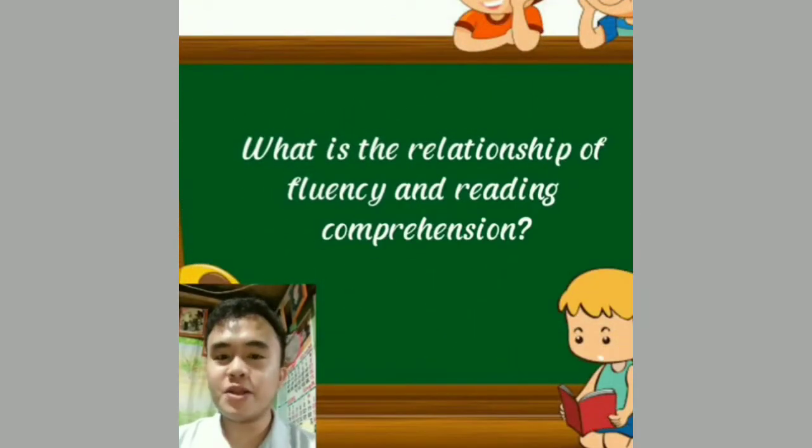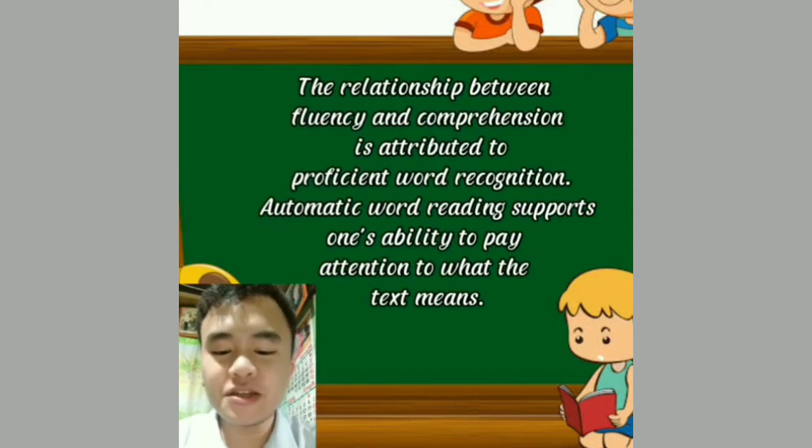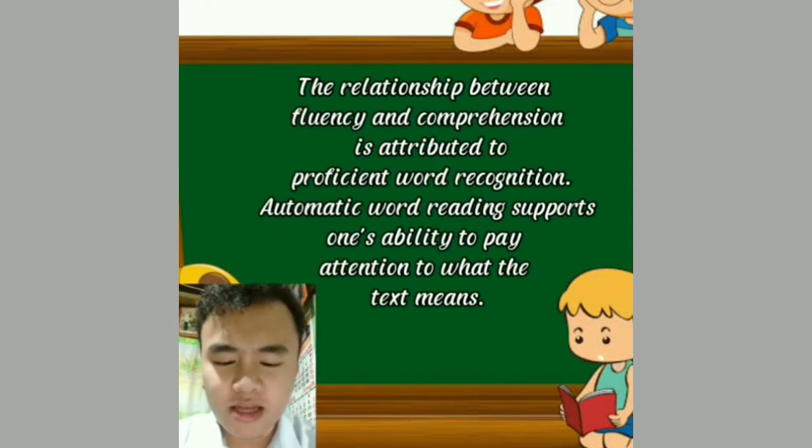The question is, what is the relationship between fluency and reading comprehension? So for me, the relationship between fluency and reading comprehension is attributed to proficient word recognition. Automatic word reading supports one's ability to pay attention to what the text means.